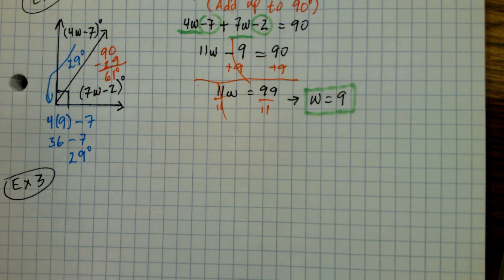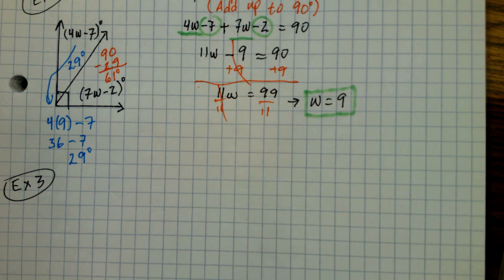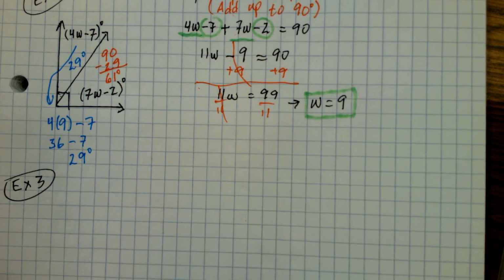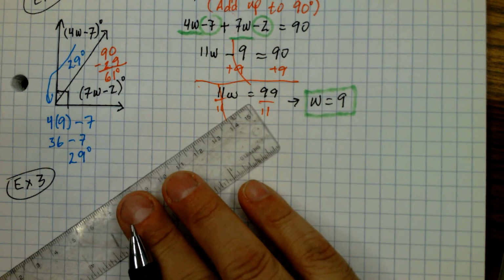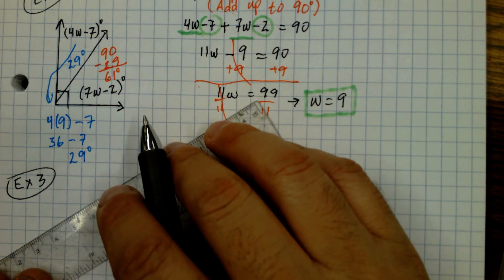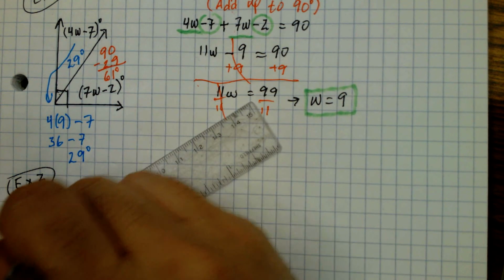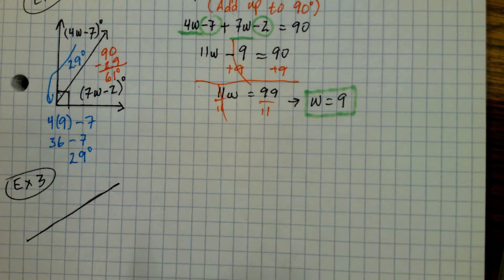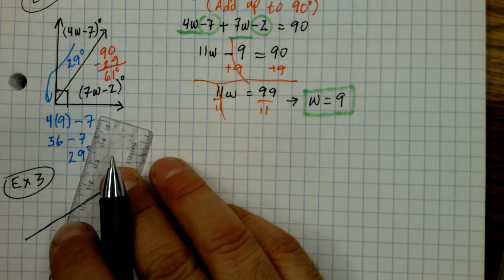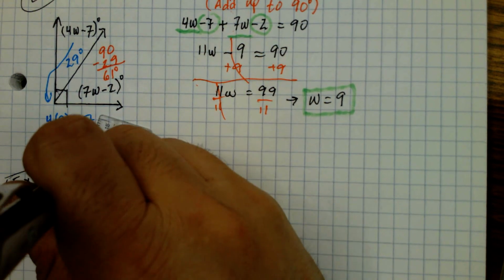So we've covered supplementary angles, complementary angles. What's left from yesterday? Vertical. So let's draw. Vertical angles happen when you intersect two lines. So I'm going to draw line number 1 and maybe line number 2.